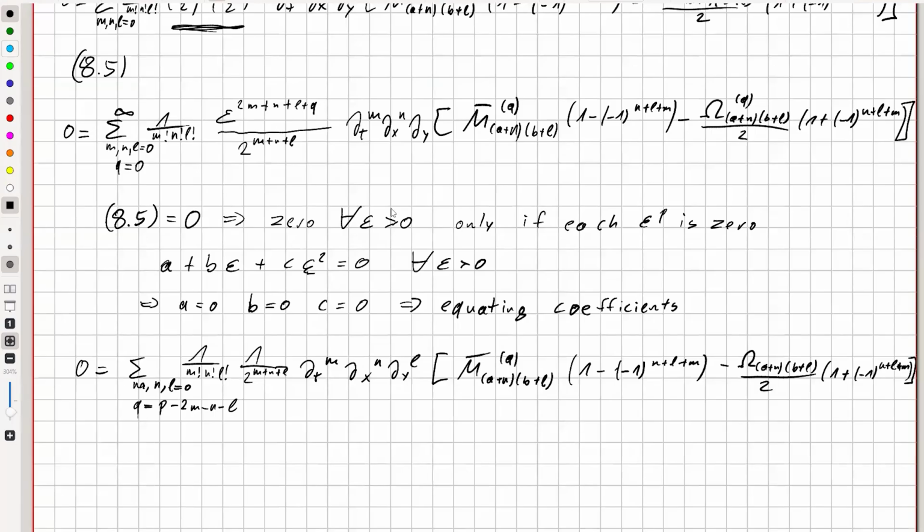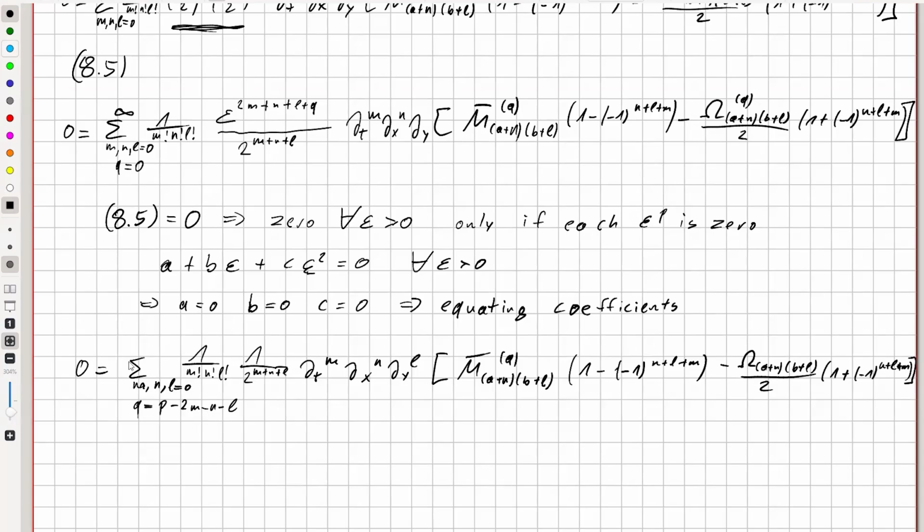So now you could count these things up to infinity. If you count m and n and l up to infinity, then what happens is that q simply gets negative, right?